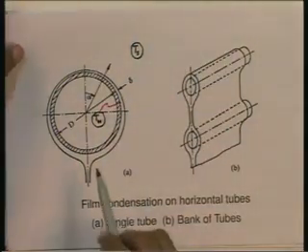Now, the expression which Nusselt obtained for condensation on a single horizontal tube, the expression for the heat transfer coefficient, was the following.